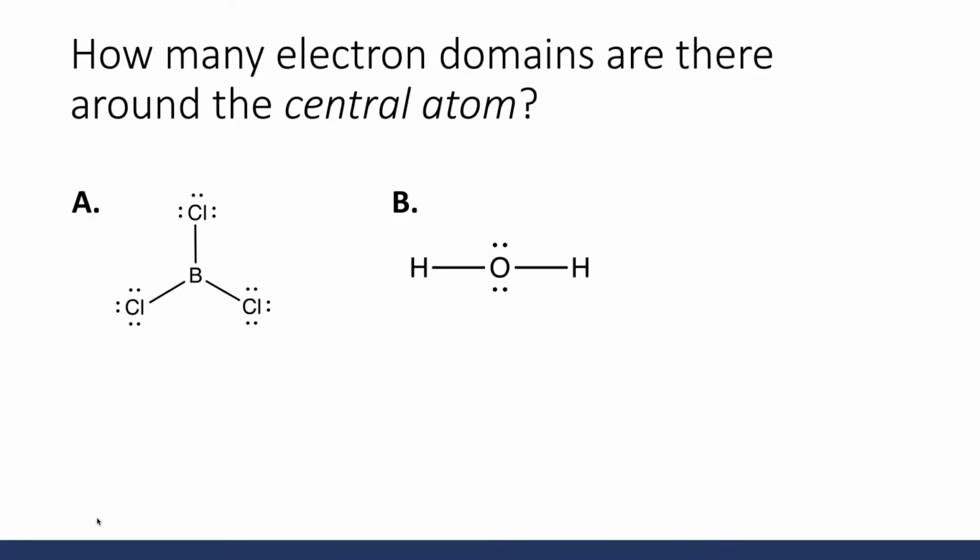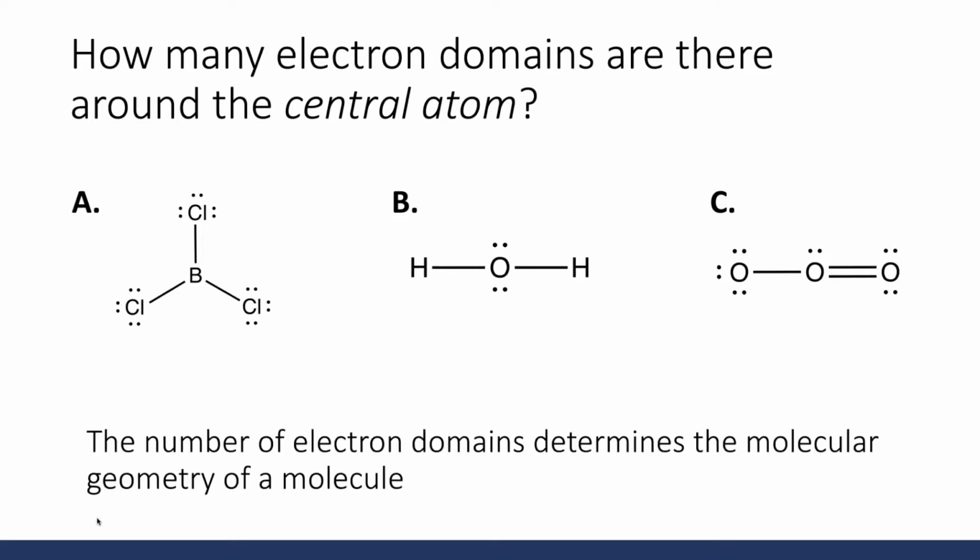Look at that central atom and count how many electron domains are around oxygen. And letter C, this is ozone, or O3. Look at the central oxygen and tell me how many electron domains are around it. Remember, we're not counting the number of bonds or individual electrons, just regions of electrons.